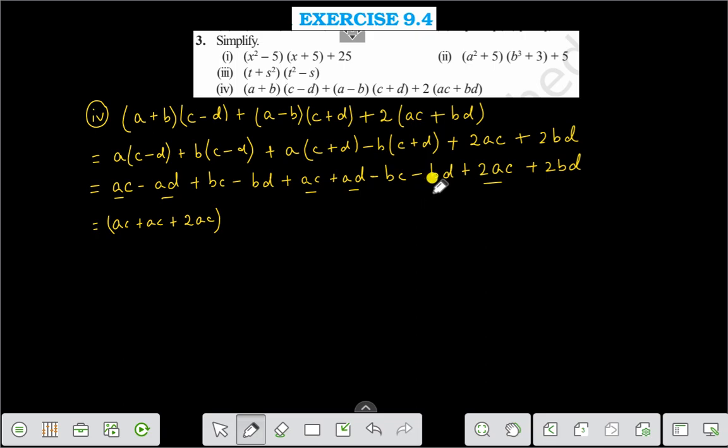This plus AD and minus AD will cut, right? Now BC plus BC minus BC will cut. Now BD, here you see minus BD, minus 2BD, plus 2BD plus 2BD. This will also cut, and we are getting the answer as 4 AC. That is the answer of question number 4.